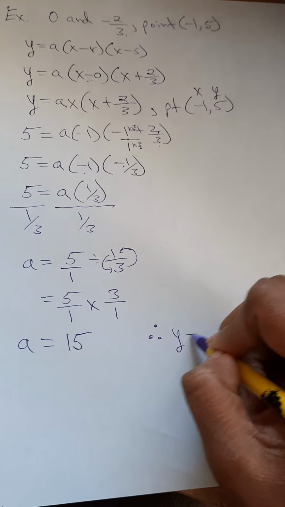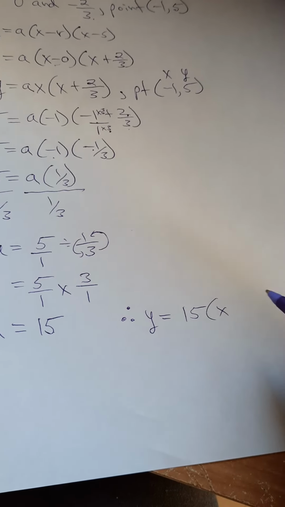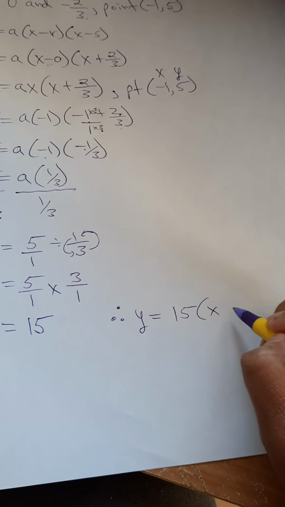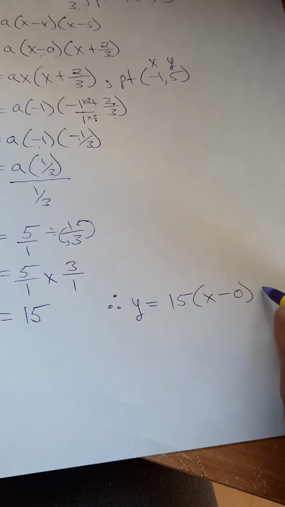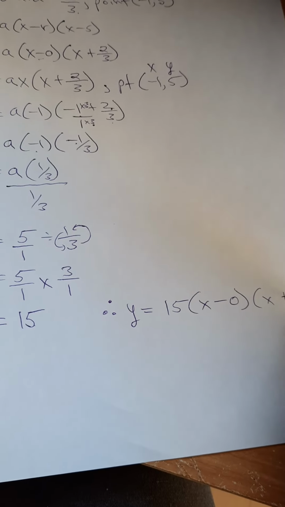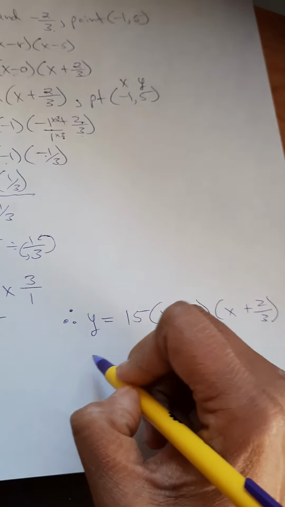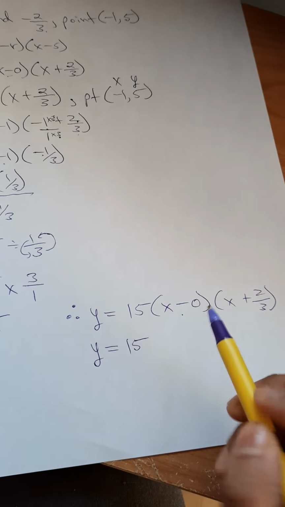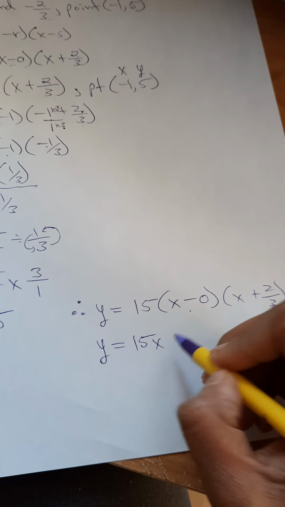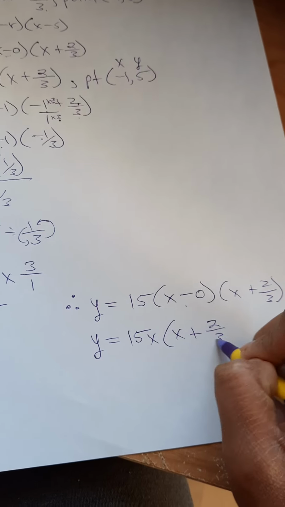So in this case, I'm going to write out my value and my equation at the end. So y equals 15. I could put x. So let's write out the whole thing first. x minus 0, x plus 2 over 3, like this. So I don't need to keep x minus 0 here. So we're just going to put 15x and then x plus 2 over 3.